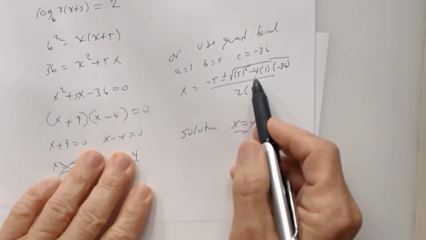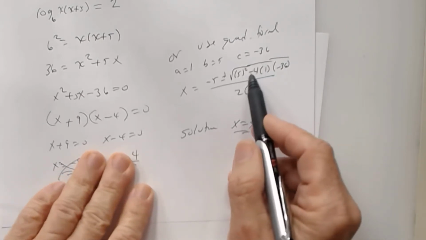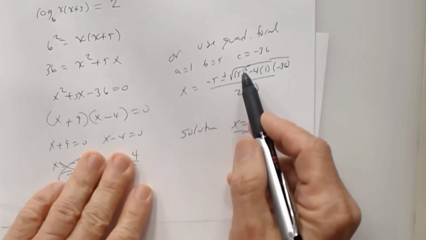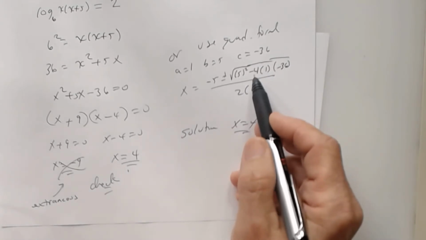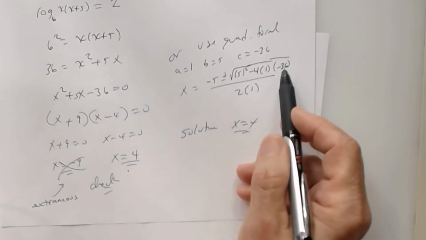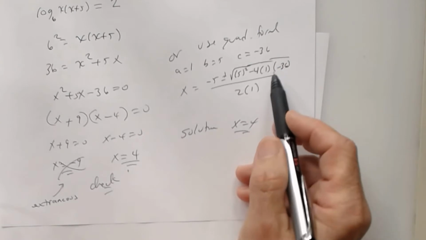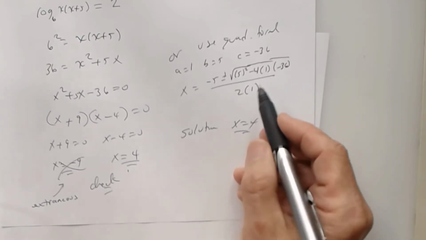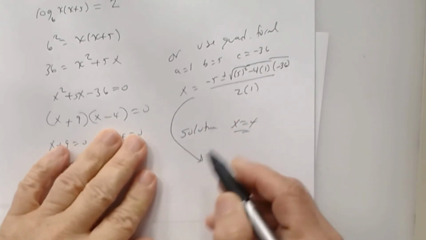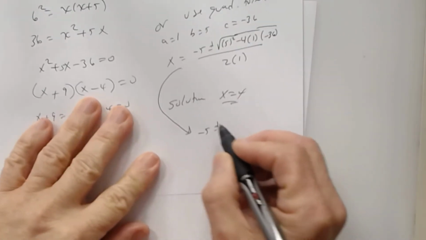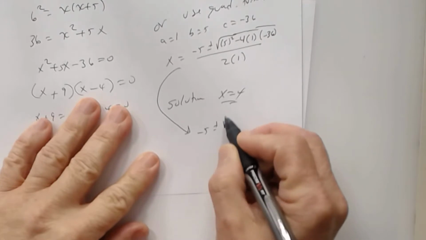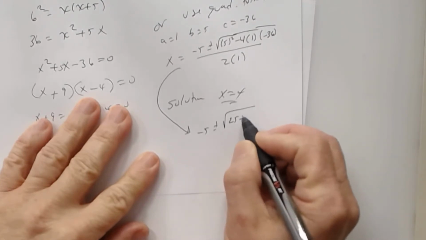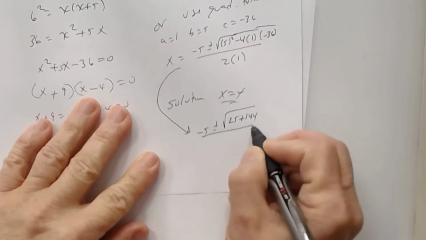Okay, let's see with the radicand, with the discriminant. What's 5 squared? All right. Now, when you calculate it, first of all, what's a negative times a positive times a negative? A positive. So, and what's 4 times 36? 144 over 2.